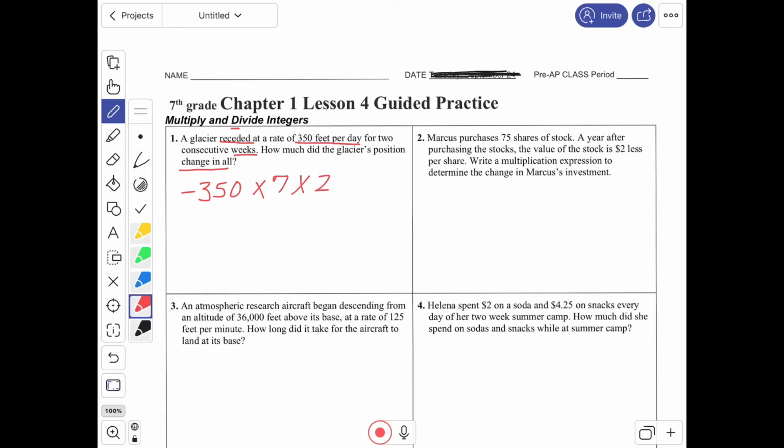So there's 7 days in a week, and 2 weeks means times 2. 350 times 7 and then 2,450 times 2.